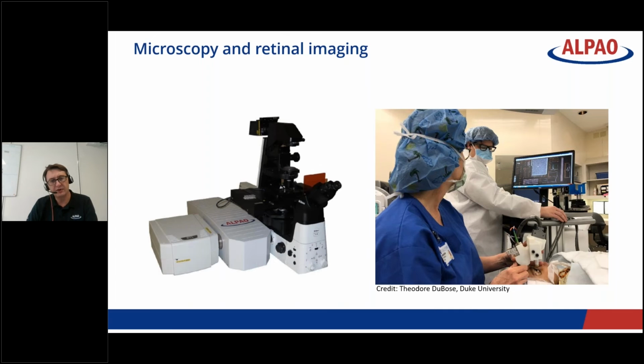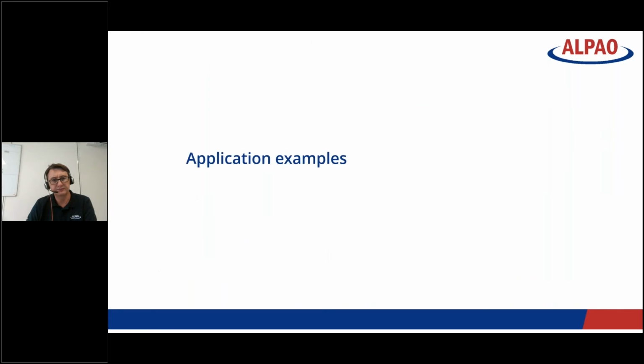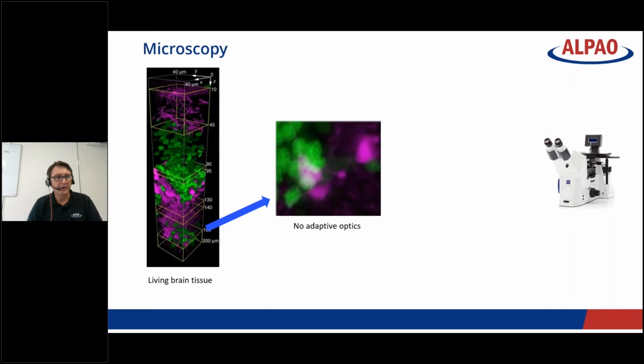Now let's go for a few applications. So again, in microscopy, you've seen the setup. So now what are the typical results? If you look into a tissue, so not only a few cells, but a real tissue, when you try to go deep into the tissue with your microscope, of course, the light will go through a lot of structures that will act as perturbation onto the optical beam.